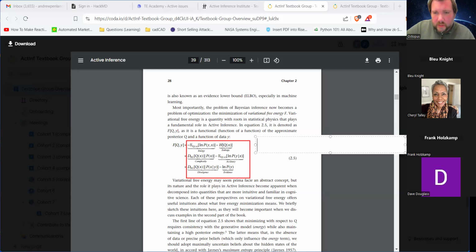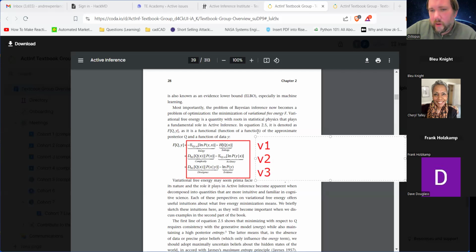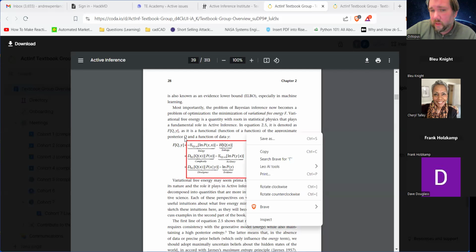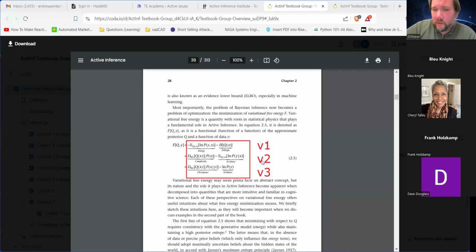The goal is to take each of the different versions and show how we could manipulate them so they look like the other one. I'm going to start with version 2 and show that you can manipulate it to become version 1. Then I'm going to start with version 3 and show that you can manipulate it to become version 1. That will show that each of these three things are actually the same.